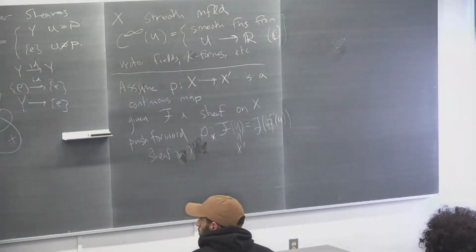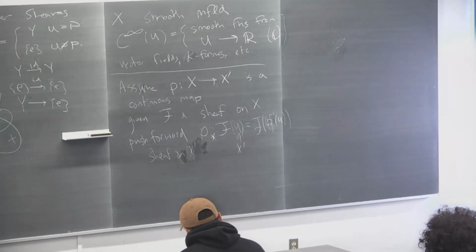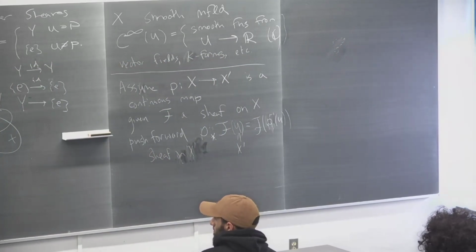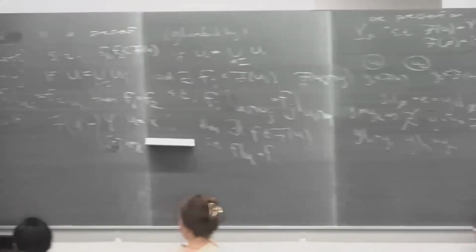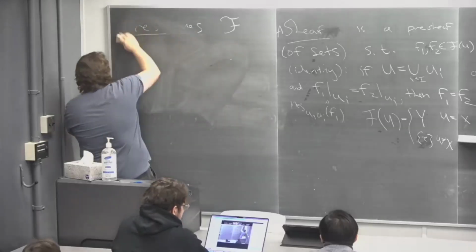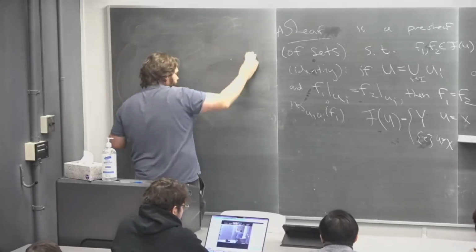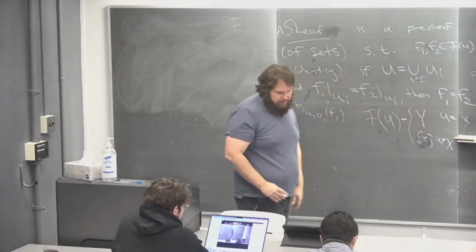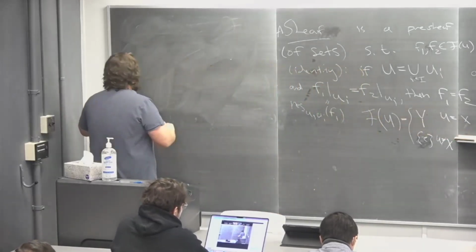All right, are there any questions about just what sheaves are? We're going to have to talk a lot about the basic notions surrounding sheaves. And one of the most basic notions is this idea of germs and stalks. So a germ of a section.